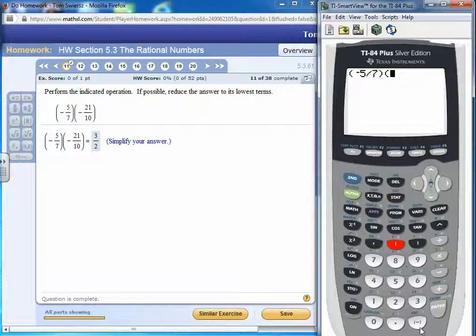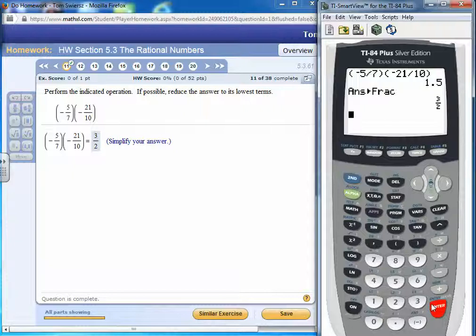And then the second fraction is a negative 21 divided by 10, and then you need your right paren, and then we hit enter, 1.5. So then go to math, fraction, and again, there's our answer, 3 over 2.